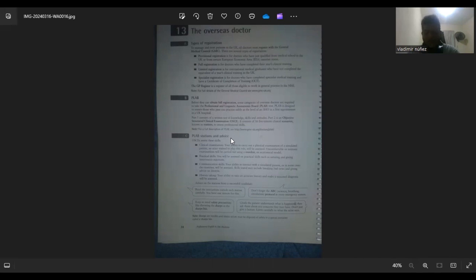The PLAB is designed to ensure those who pass can practise safely at the level of an HO in a first appointment in a UK hospital.